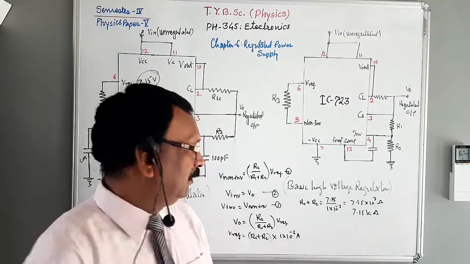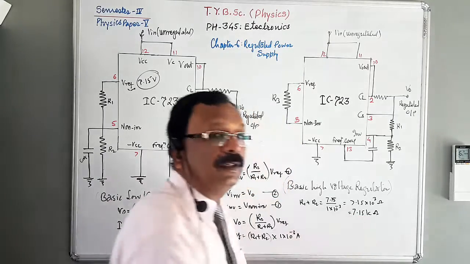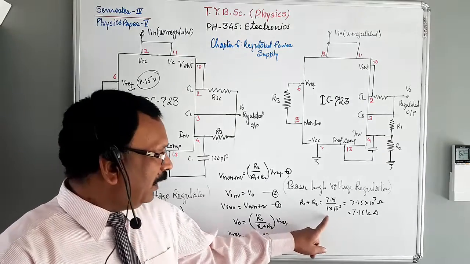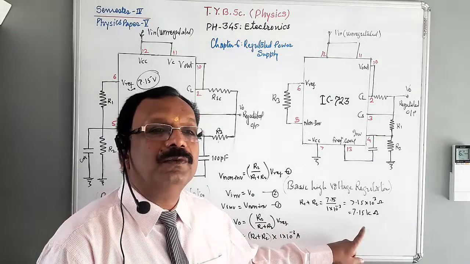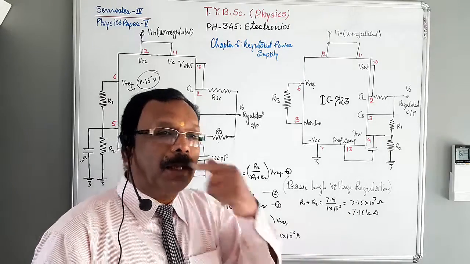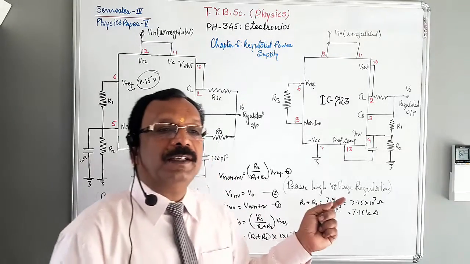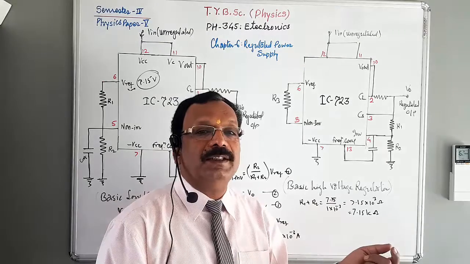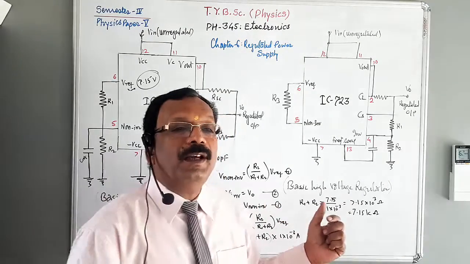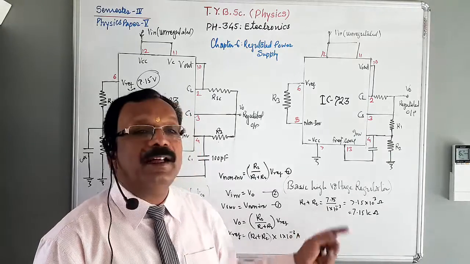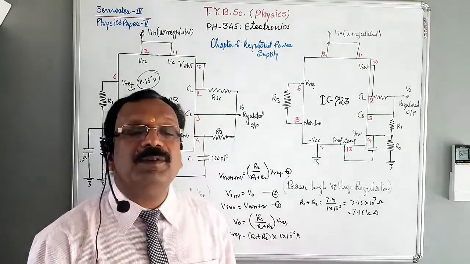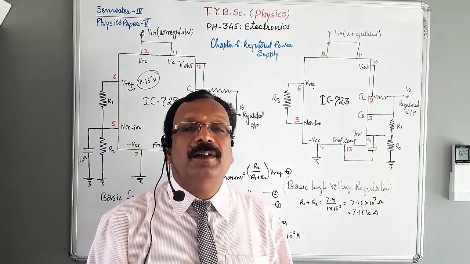Therefore, once we have the value of R1 plus R2, by assuming the value of any one resistor, we can calculate the value of the other resistor. We have to select the values of R1 and R2 such that R1 plus R2 is equal to 7.15 kilo ohm.